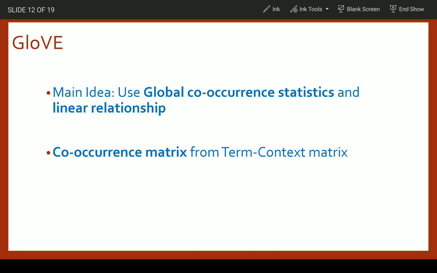In the previous lectures we have discussed different types of co-occurrence matrices, and using those matrices we can represent documents and words.